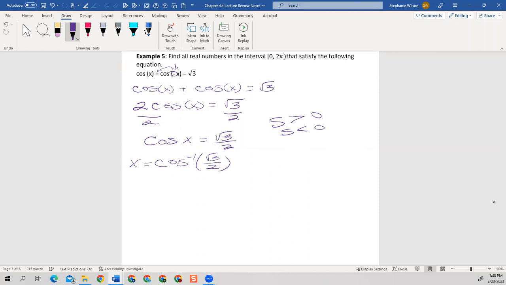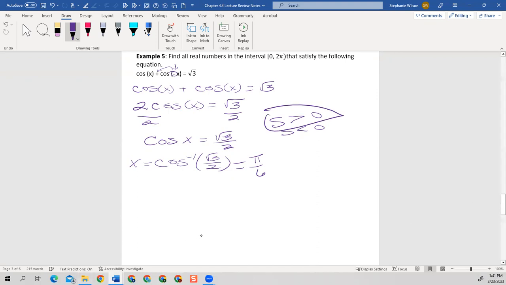And we are working in radians, so change your calculator back to radians. So I got inverse of cosine of square root of 3 over 2, which gives me pi over 6. Since it's positive, we know that it's greater than 0.